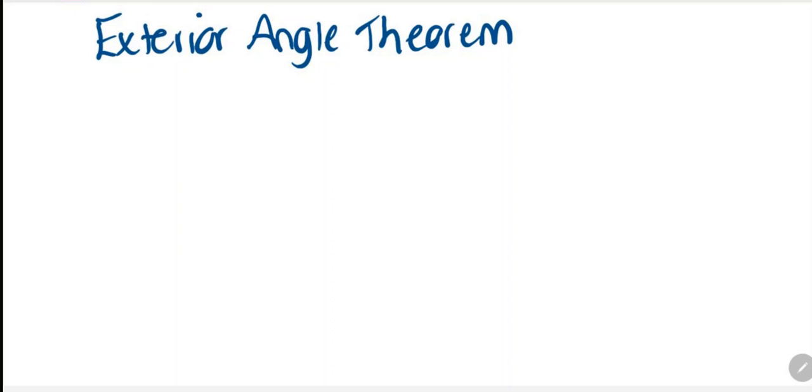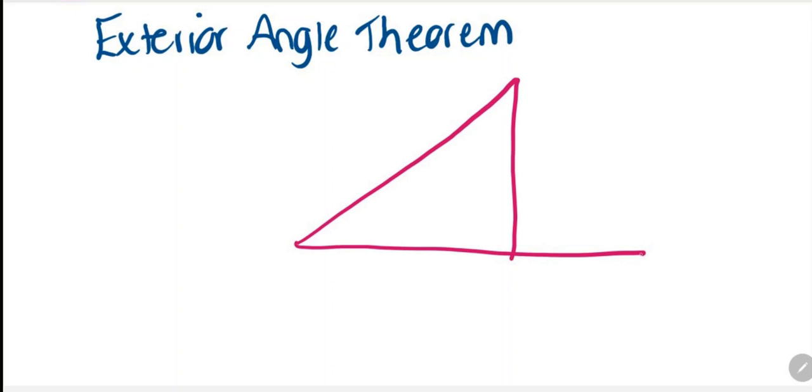Okay, we're going to look at the exterior angle theorem. And what this says is that if you have an angle A and an angle B, and we add A and B together, this is going to equal angle D. So let's have a look.